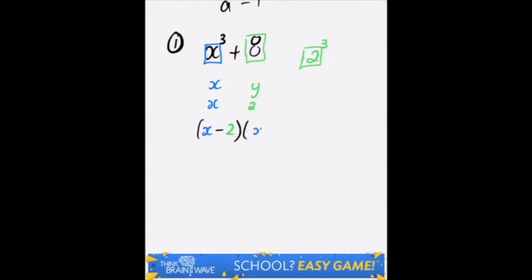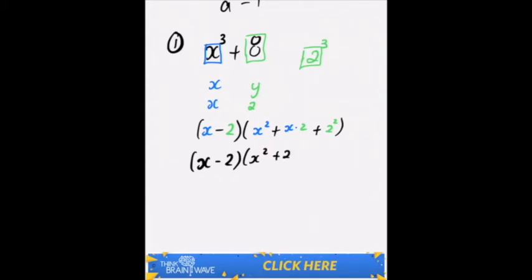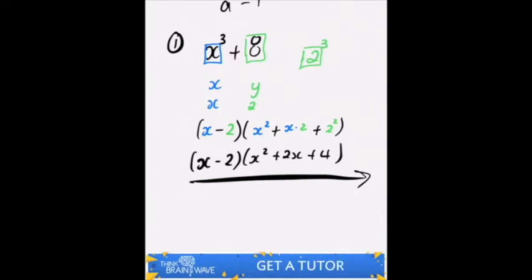Then you have x squared plus x times 2 plus 2 squared. You now want to sort out the equation to make it look smart. You get x minus 2, and you have x squared plus 2x plus 4. Easy game, look at that answer.